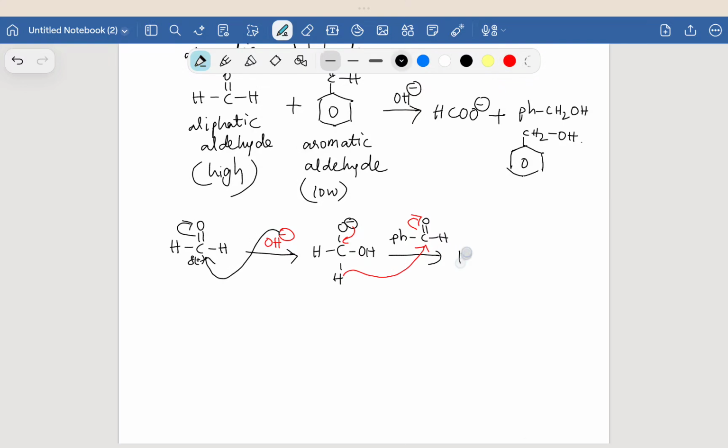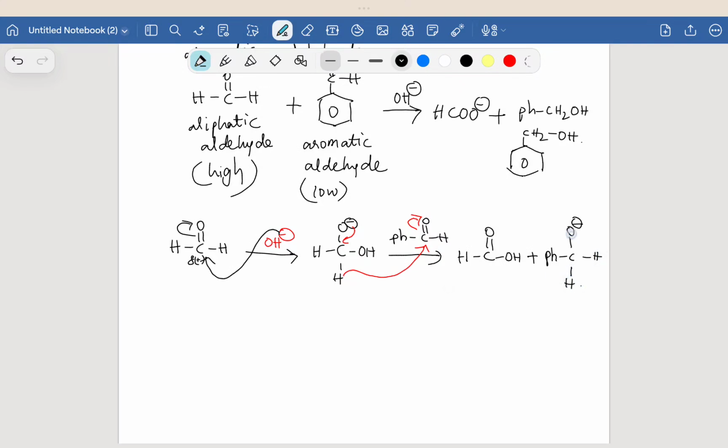So what will it form? It forms H C double bond O, then OH, plus Ph C O minus and 2H. Here one H is coming from there, right?